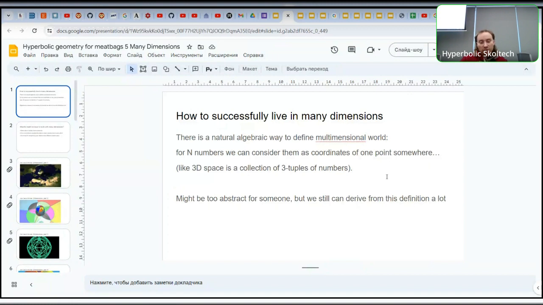Well, that's some form of definition. We can define some things about it, prove some theorems about it, and of course we can work in this setting from an abstract point of view, but sometimes we are motivated to have some intuition in it, and for example, to find some interesting phenomena.